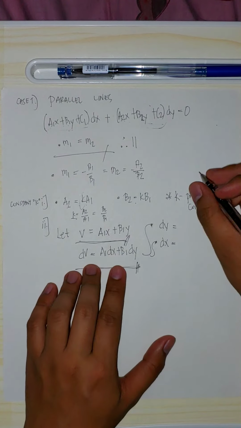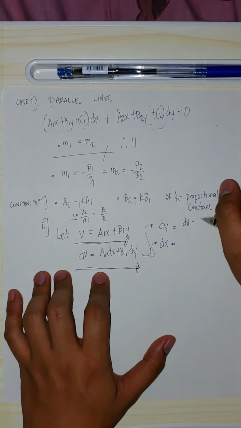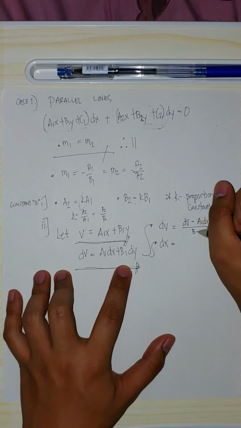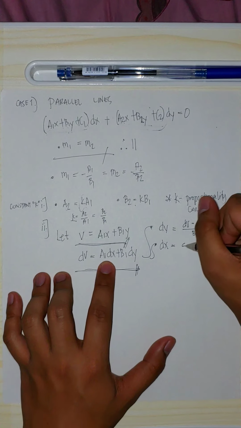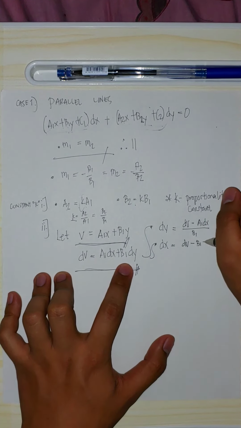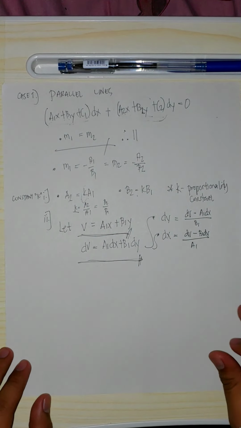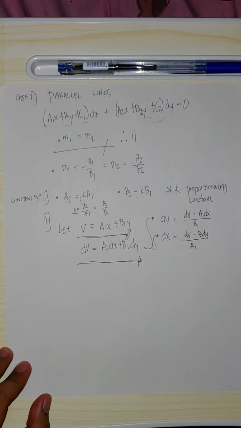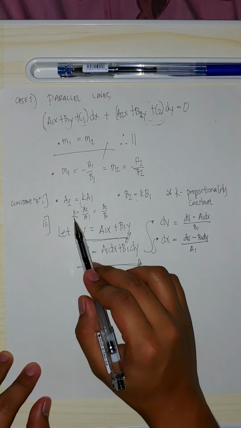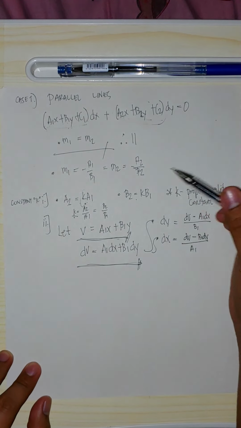With dy, we have dV minus A1 dx all over B1, since A1 dx is transposed. With respect to x, we have dV minus B1 dy over A1. So depending on your situation, case by case, depending on your preference. If we already have this equation and this K, we can substitute it here.